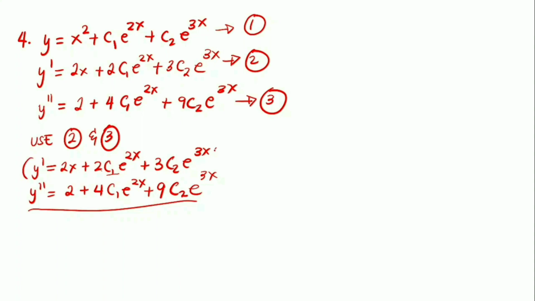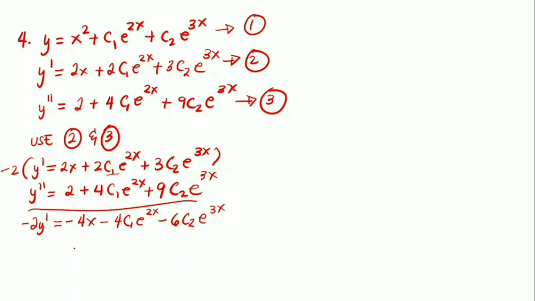So, we have negative 2y prime is equals to negative 4x minus 4c sub 1 e raised to 2x minus 6c sub 2 e raised to 3x.